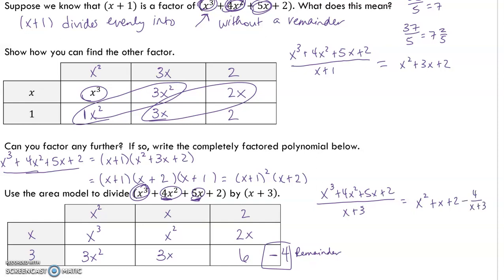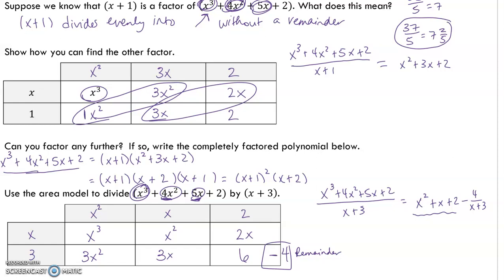Now, if you're sitting here thinking, why did she write this as minus 4 over x plus 3? First of all, it's a minus because our remainder is negative, but I wrote it over the x plus 3 just like if I wrote up here, 37 divided by 5 is 7 and 2/5, where 2 was my remainder. So I have to write out that this polynomial divided by x plus 3 is equal to this quadratic, and this is my remainder.